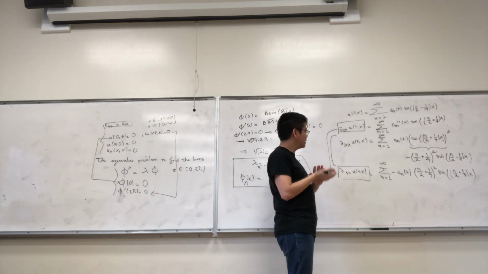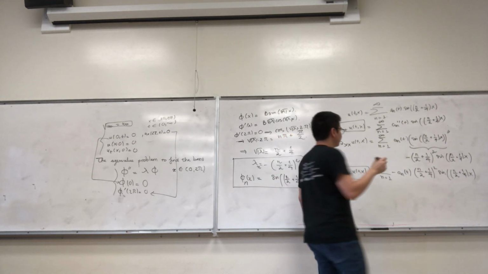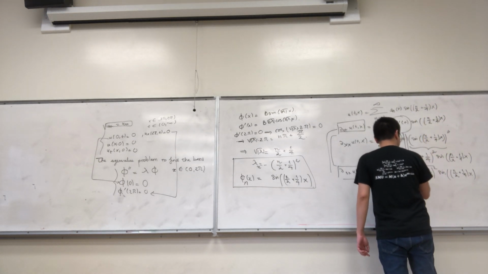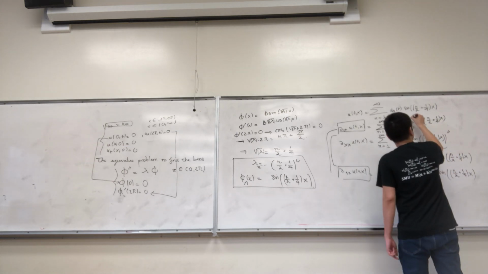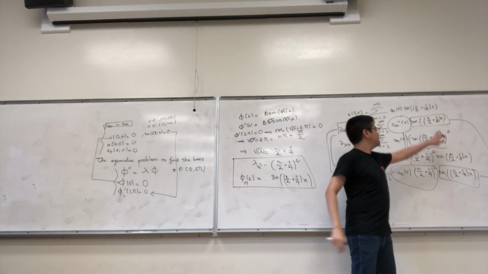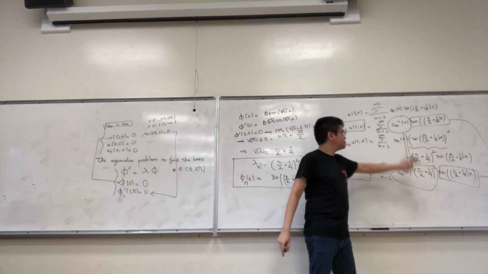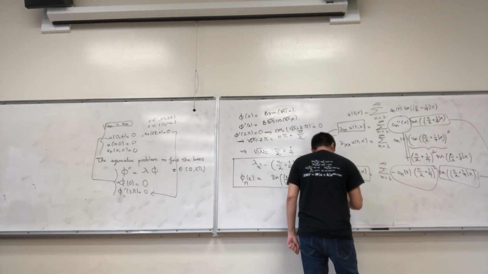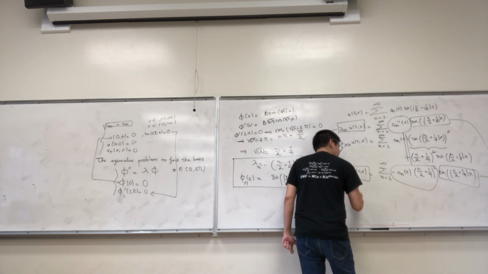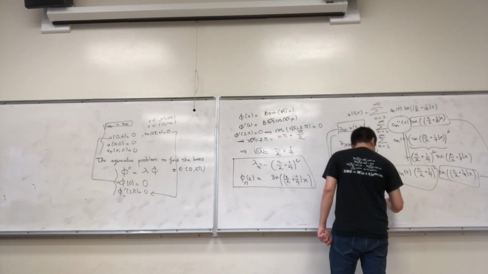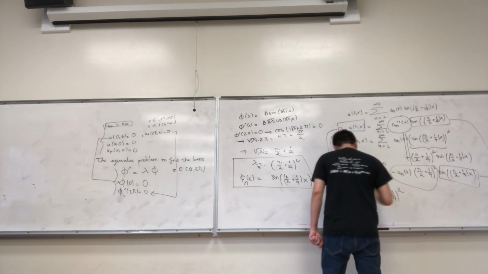So negative a_n(t) times lambda is equal to a_n double prime(t). So this guy is equal to this guy, because they are the coefficient of the same function. This function is the same as this function, which means that this coefficient has to be the same as this coefficient. So we have a_n double prime(t) is equal to a_n(t) times minus (n over 2 plus 1 over 4) squared.